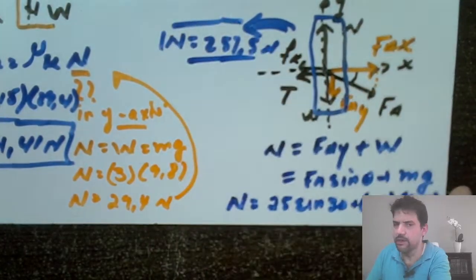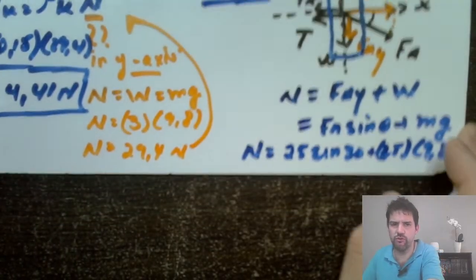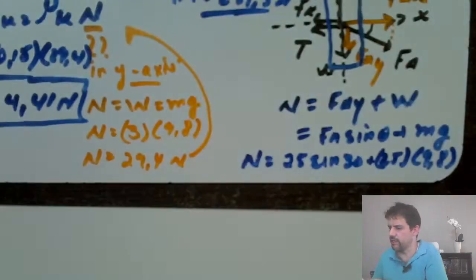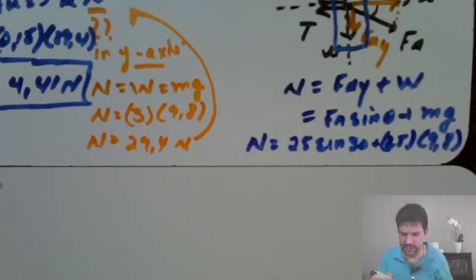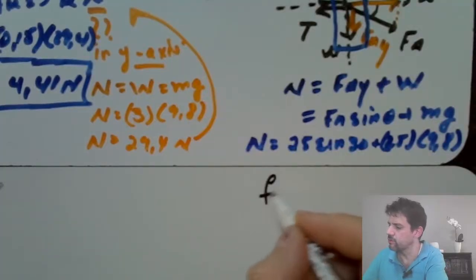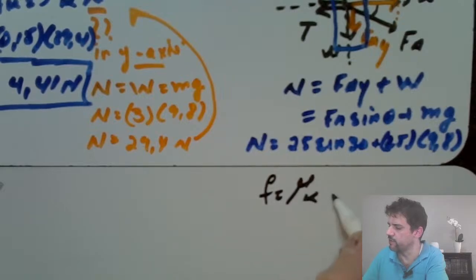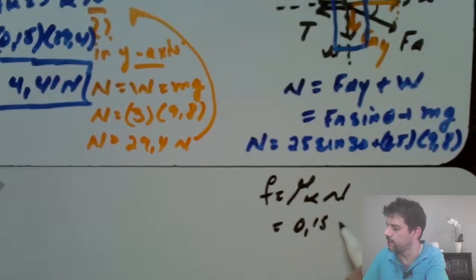So from here, we can now calculate the frictional force. We have the normal, we can now calculate the frictional force. Frictional force for that specific object is equal to the kinetic coefficient multiplied by normal. This one is 0.15 multiplied by normal, which is 257.5.